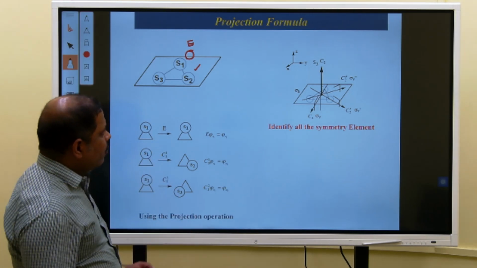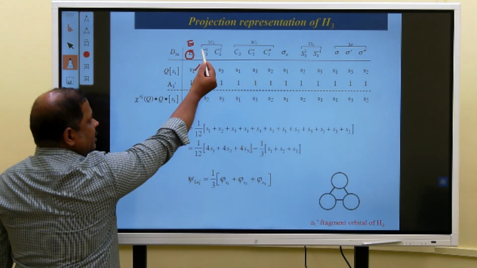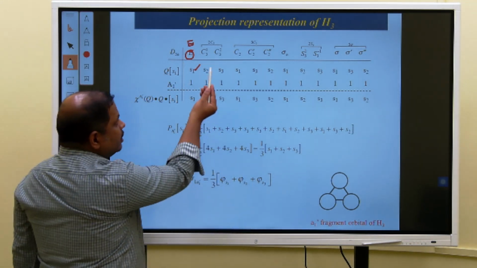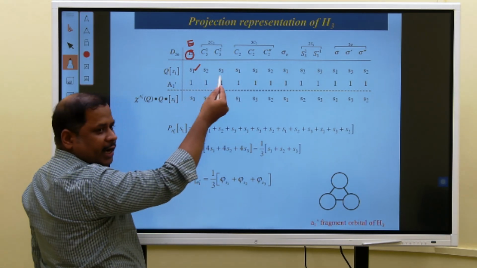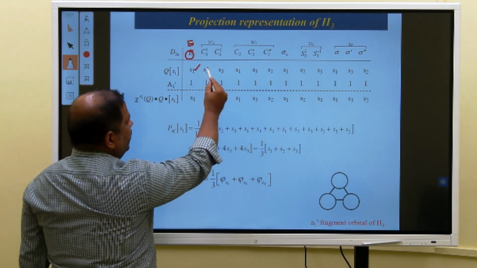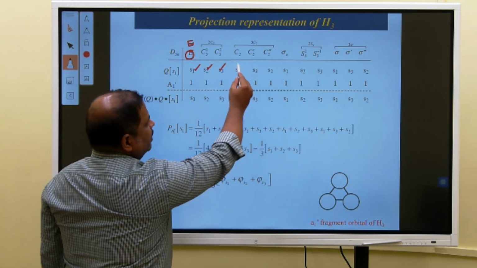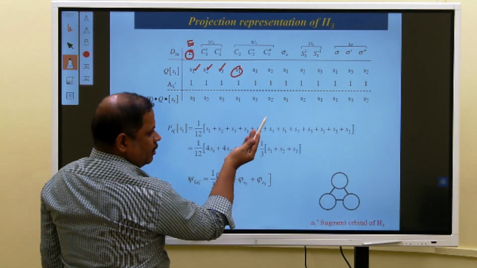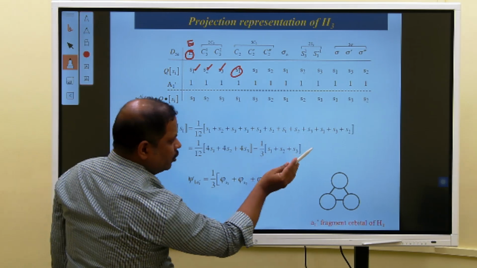Okay, this we are going to use. Now see, C31 clockwise, so S1 turns to S2, C3 anti-clockwise, so now it will be S3. With C2, 2 will come on 3 and 3 is going to be 2, right?